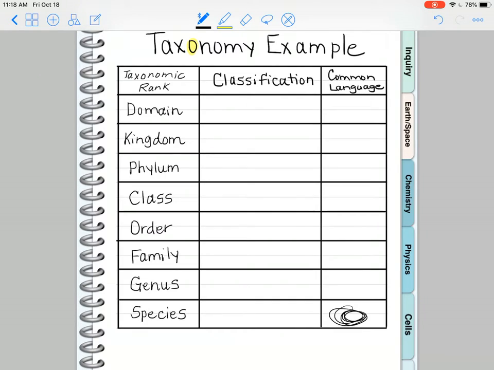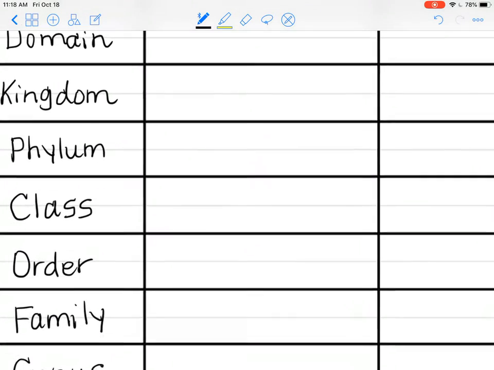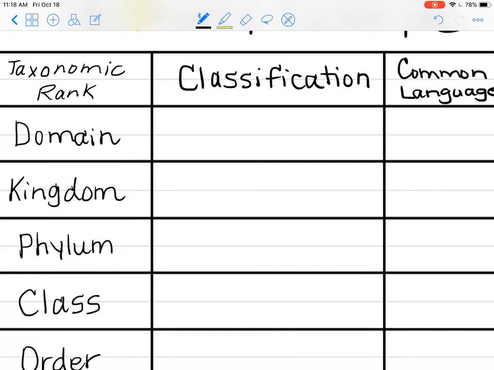So the first thing I'm going to tell you is the domain. The domain of this thing I'm describing is this. Remember this word from way back, eukaryote. So this creature that I'm describing is a eukaryote. So what does that mean?